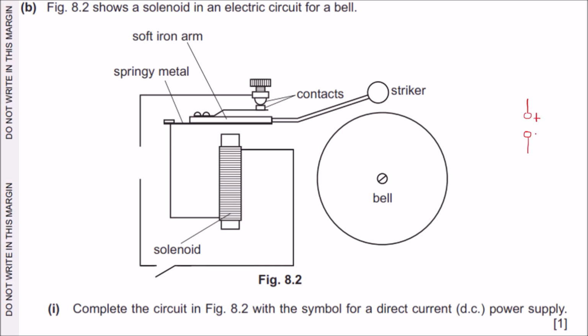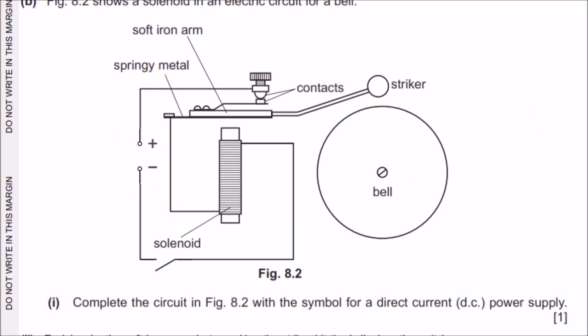A direct current supply has a positive and a negative terminal like this. And you were supposed to complete it over this gap which was given in this circuit. So you were expected to complete a direct current power supply like this. With this, you can tick your 1 mark in the bag.